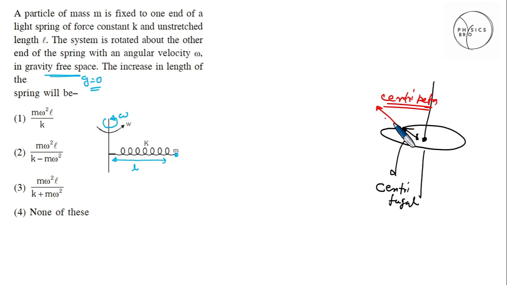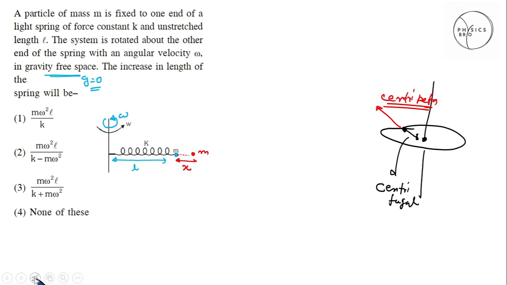So if the body is tied with a rigid wire, then there will be no change of this radius or this orbit or anything. But if it is a spring, then the spring will expand due to the centripetal force. Okay, so let's say that the spring is increased by some amount x.